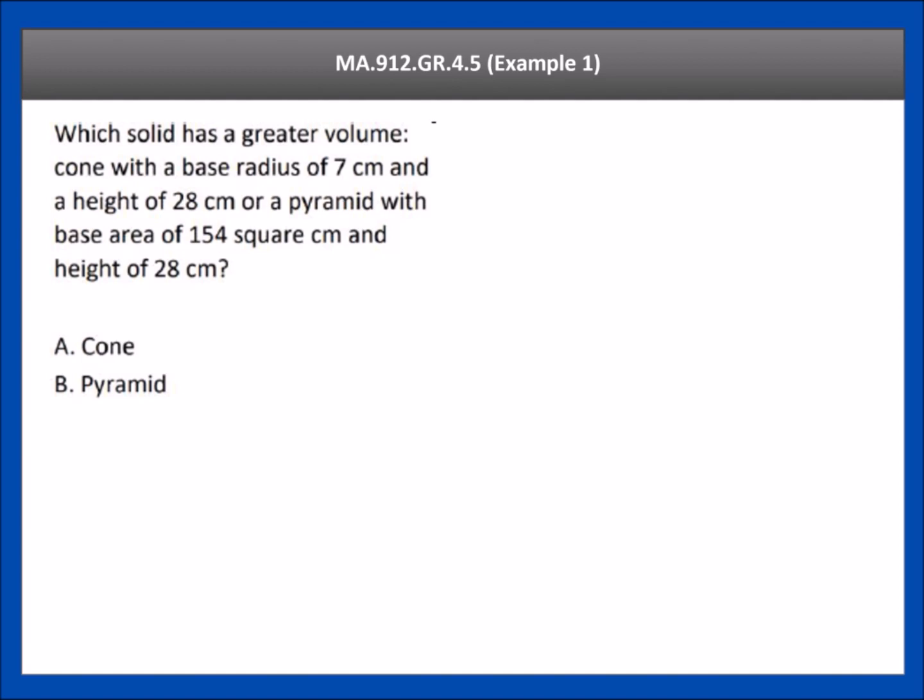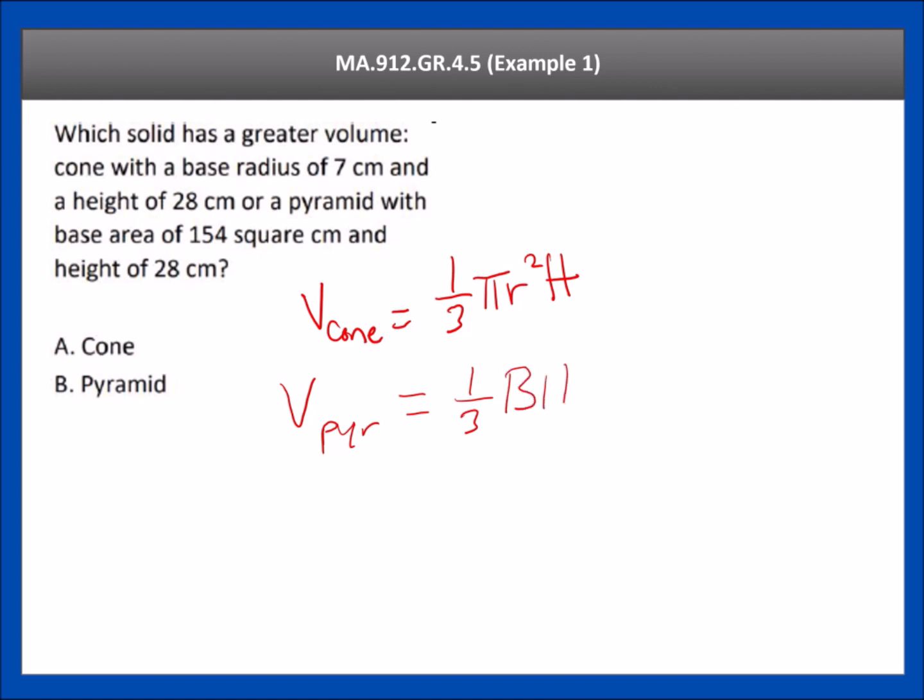Okay, so the formula for the volume of a cone is 1/3 pi r squared h, where h is the height of the cone and r is the radius. The formula for a pyramid is 1/3 capital B times capital H, where B is the base area and H is the height of the pyramid.